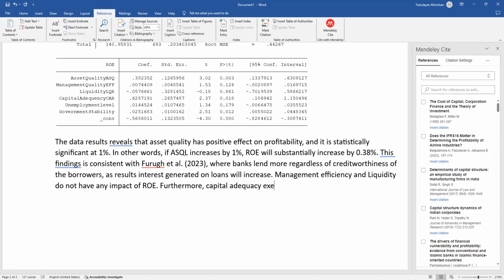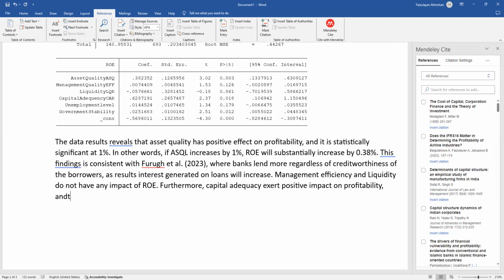Capital adequacy exerts positive impact or influence on profitability.